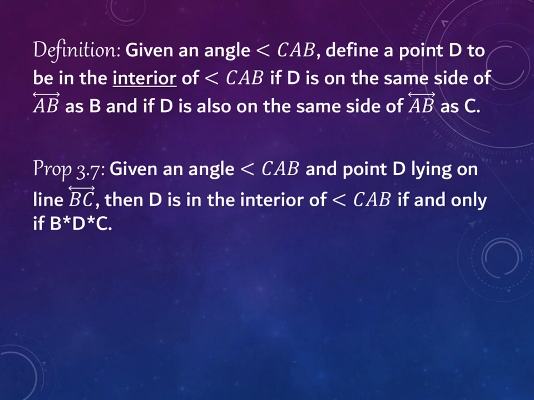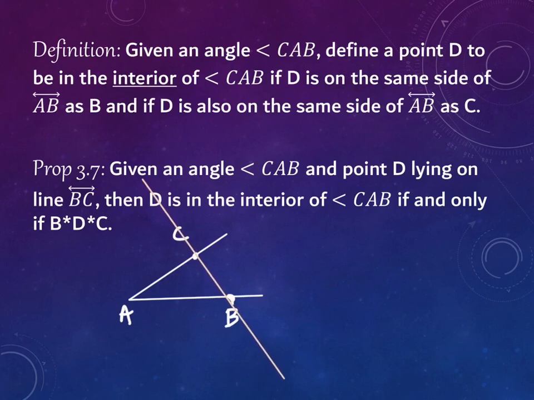So in other words, another way to define this is that if we were looking at that angle that we had a moment ago, B, A, C, and D actually lies on line BC. So here's line BC, and it's actually along that line. That's only going to work if D itself is actually on the segment as well.